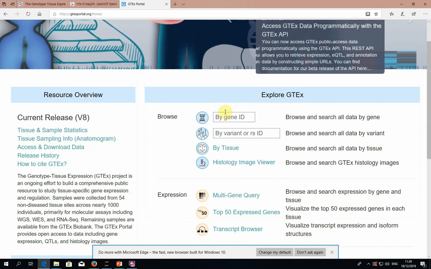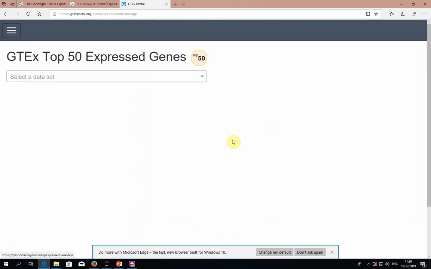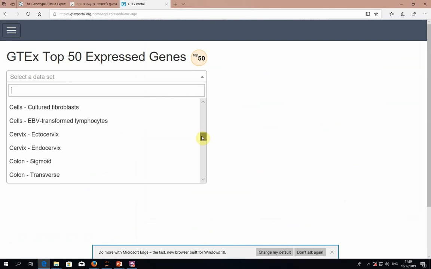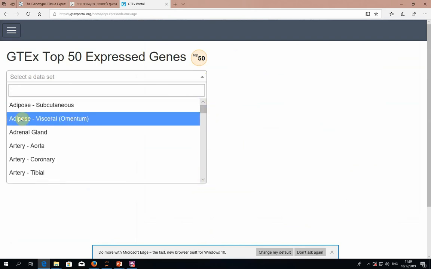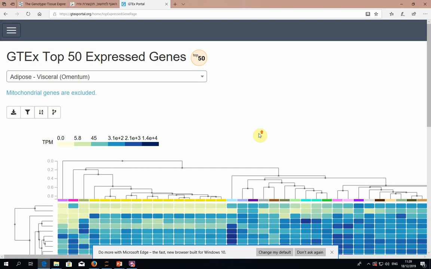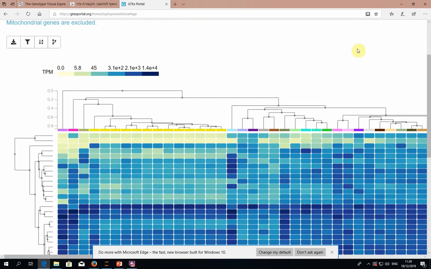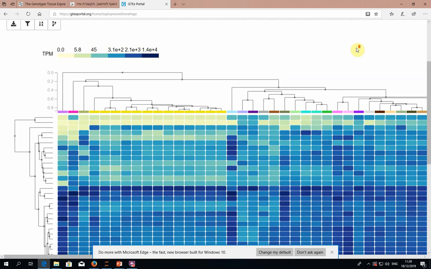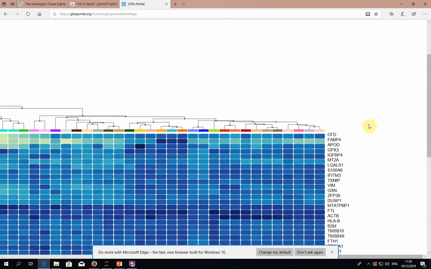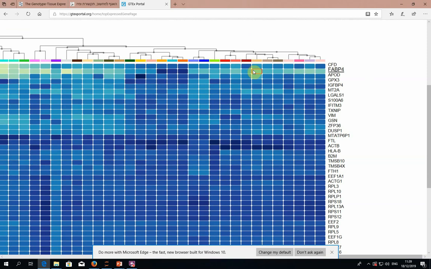So let's go through. Let's start with top expressed genes, just as an example. You can go and immediately see the 44 cases that they have. Let's go to adipocytes, and immediately you see this version, and again, I'm not crazy about it, but it gives you the list of genes, and they are already clustered. Those are the 50 highest expressed genes.